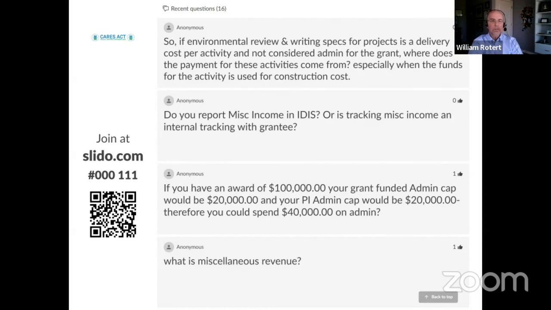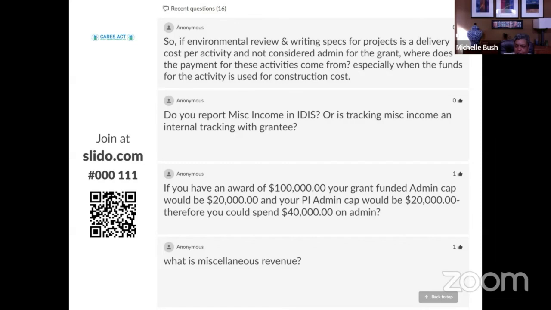Okay. If you have an award of 100,000, your grant funded admin cap would be 20,000, correct? That would be admin and planning. Keep that in mind. And your program income admin cap would be 20,000. Therefore, you could spend 40,000 on admin.